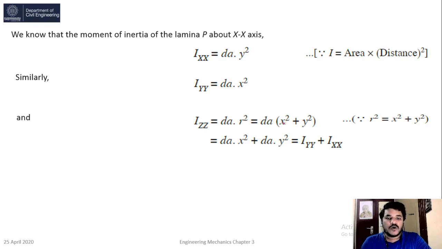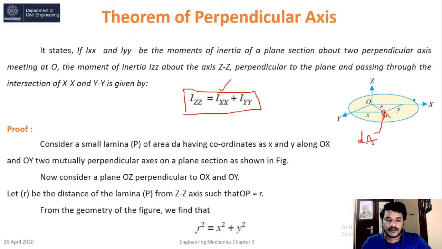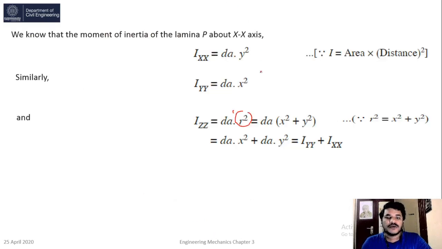Here x square plus y square is called R square. Now you can multiply dA inside the bracket, dA into x square plus dA into y square, which is equal to Ixx plus Iyy. So this is all about the theorem of perpendicular axis.